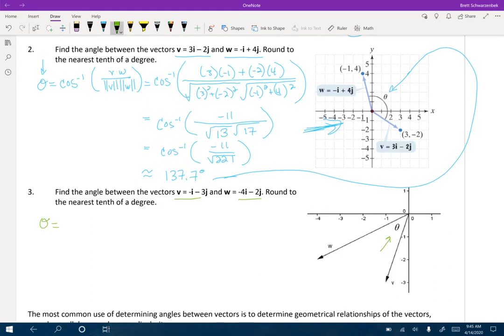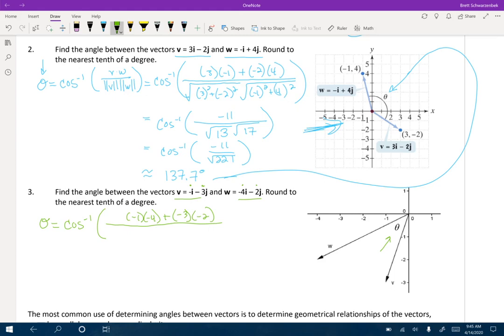We're looking at the cosine inverse of, well, let's do it all out like this instead of writing the formula. So what does the dot product look like? The dot product is always going to be taking your two a's, which are -1 and -4, and then adding the product of them, and then adding your two b's, which are -3 and -2.